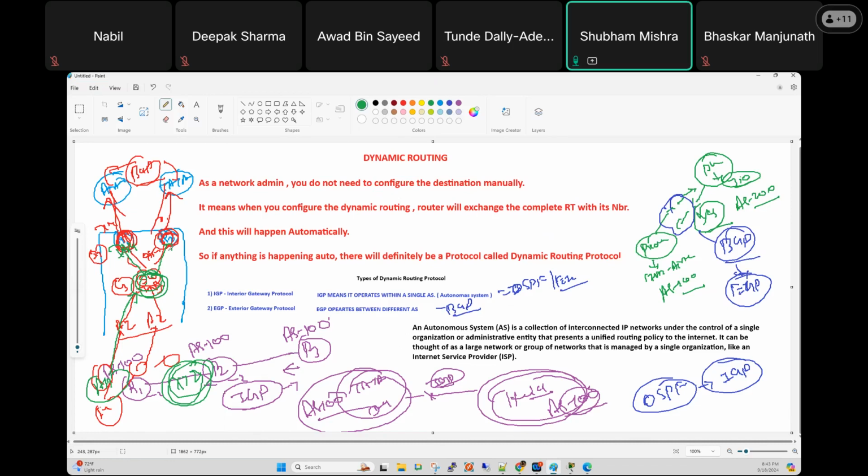To solve this problem, we have the concept of dynamic routing. When you configure routing, all the routers automatically exchange the complete network information with each other, and all the routers have all the network information. You do not need to configure it manually. That is the advantage of dynamic routing.